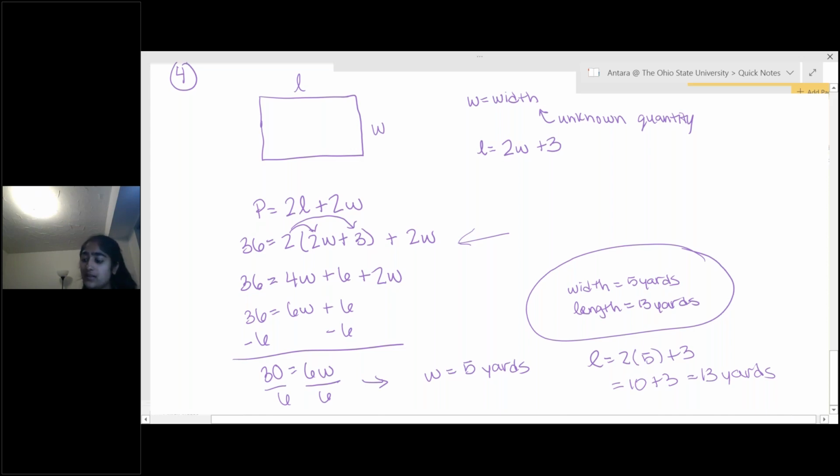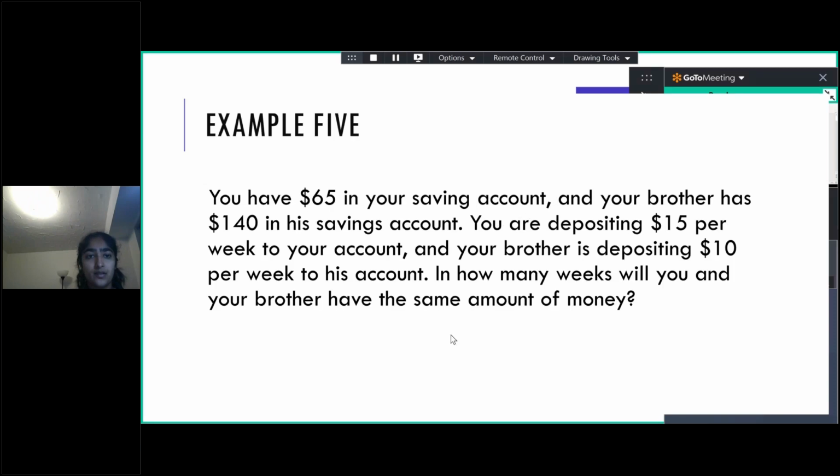So we have our last problem, which is going to be about, we have example 5. So in this example, you have $65 in your savings account, and your brother has $140 in his savings account.